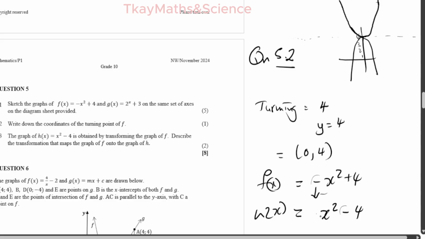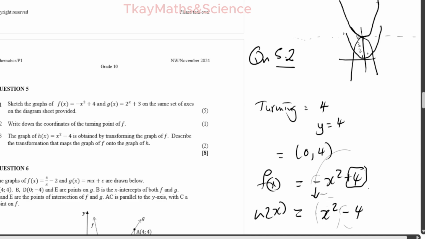So this one is for the plus 4, which means 4 units we've already transformed going up. Now we're going to transform this graph, which is x squared. The x squared is going to be like this, U shape. Let's leave this one so that we see the transformation only on the x squared graph.